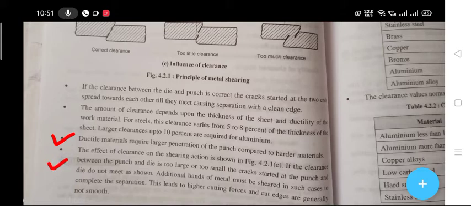The effect of clearance on the shearing action is shown in the figure. हमने यहाँ पे देखा था, the correct clearance diagram, that is the influence of clearance.